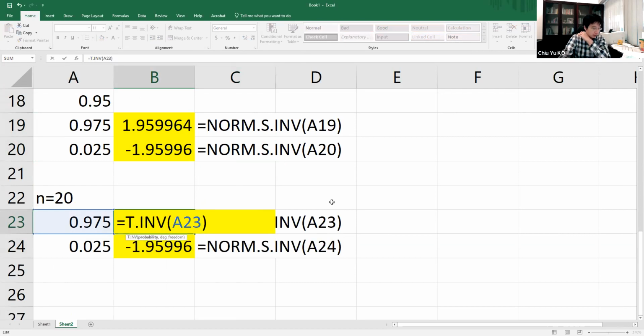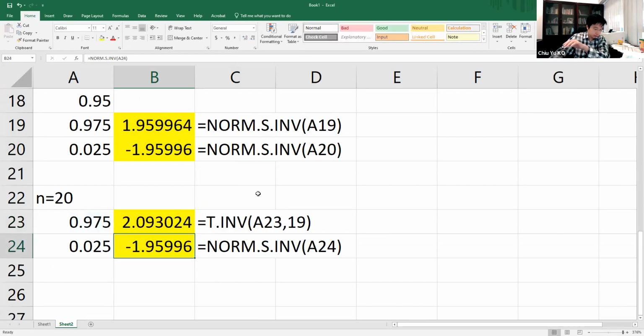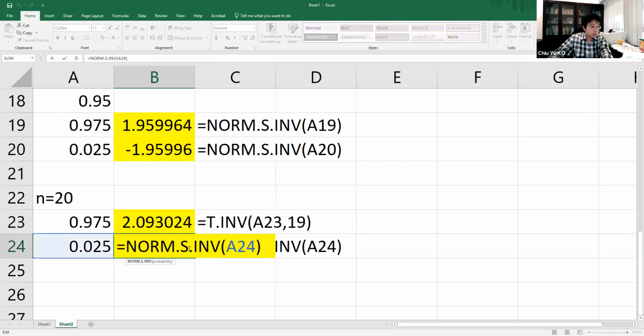You need to put the degrees of freedom, which is 20 minus 1, so it should be 19.